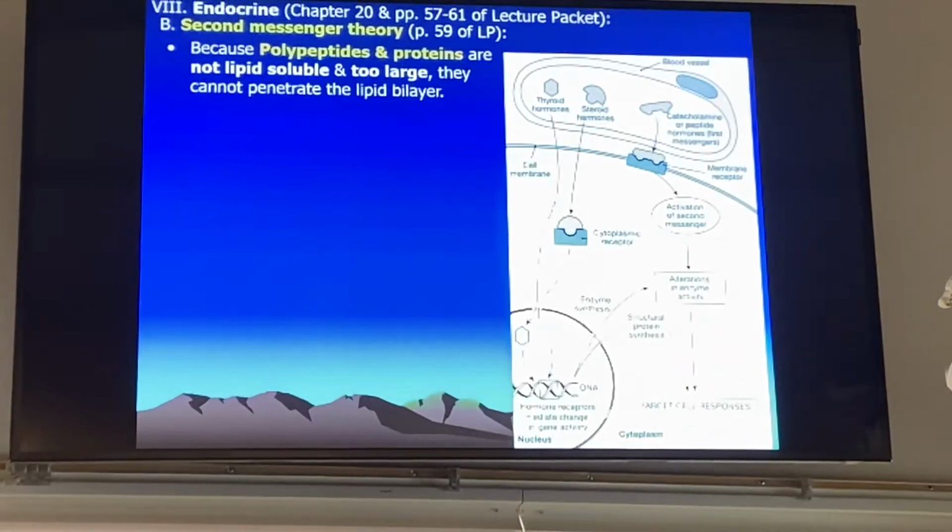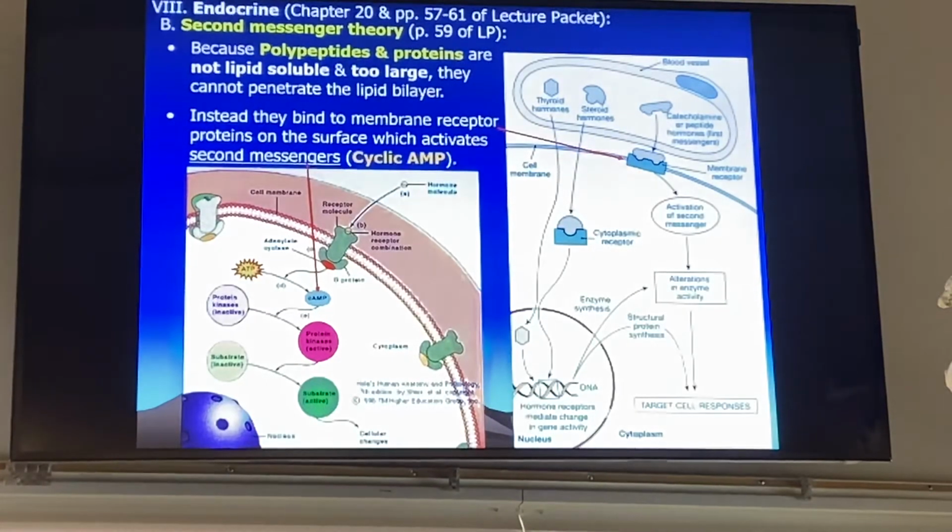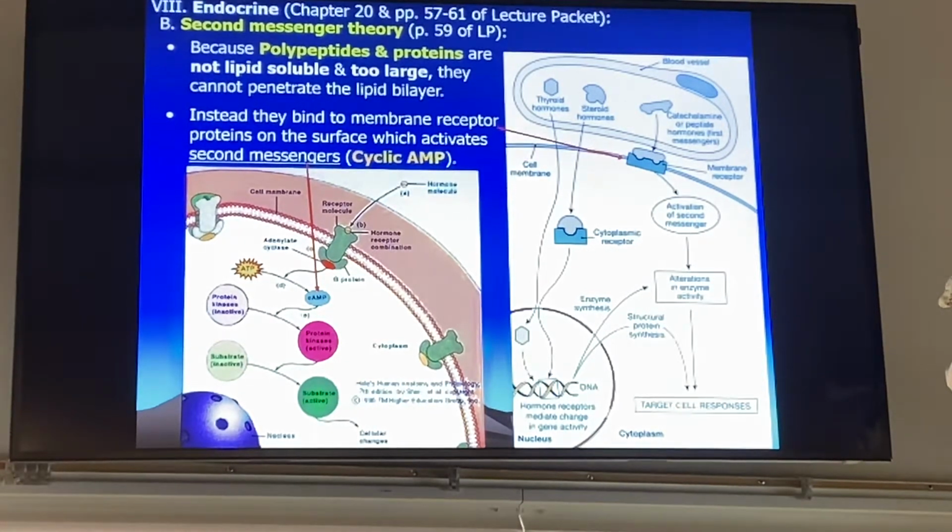The ones that cannot cross need a second messenger, because they never enter the cell. They bind to a surface receptor, that activates an enzyme, adenylate cyclase, and produces cyclic AMP.